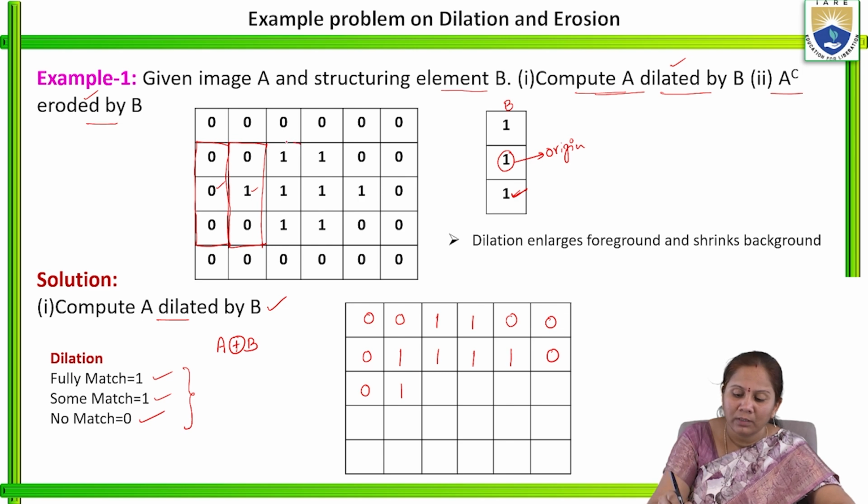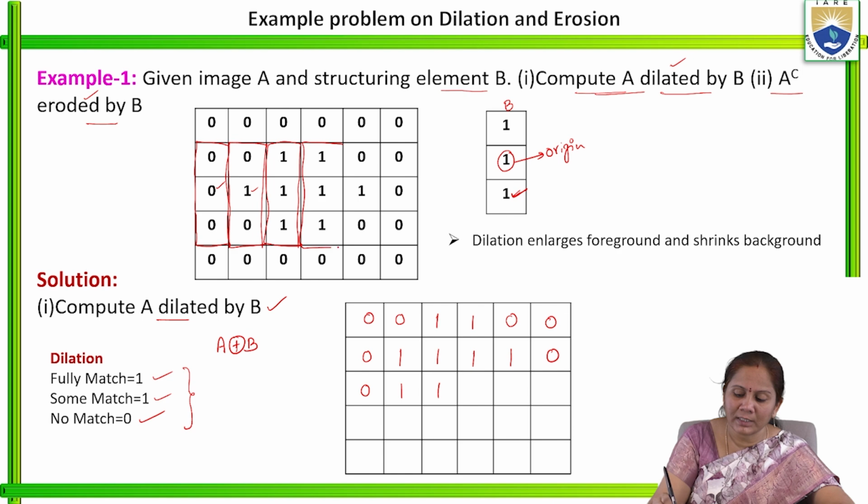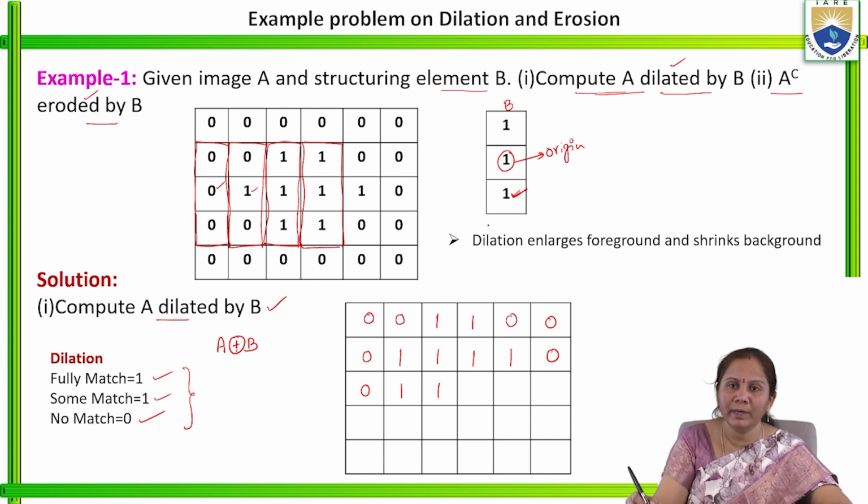Now after shifting one time towards right, all the elements in the structuring element are 1, and in the image also all the elements are 1. So it is fully matched, so we will keep this element as 1. Similarly, to find the next element, shift the structuring element. Here also there is a full match between B and A, so we will put the value as 1.